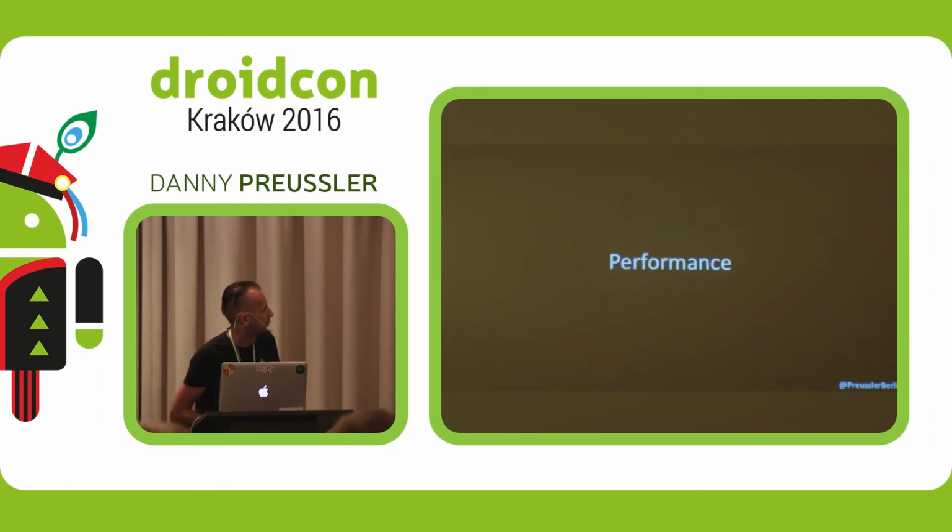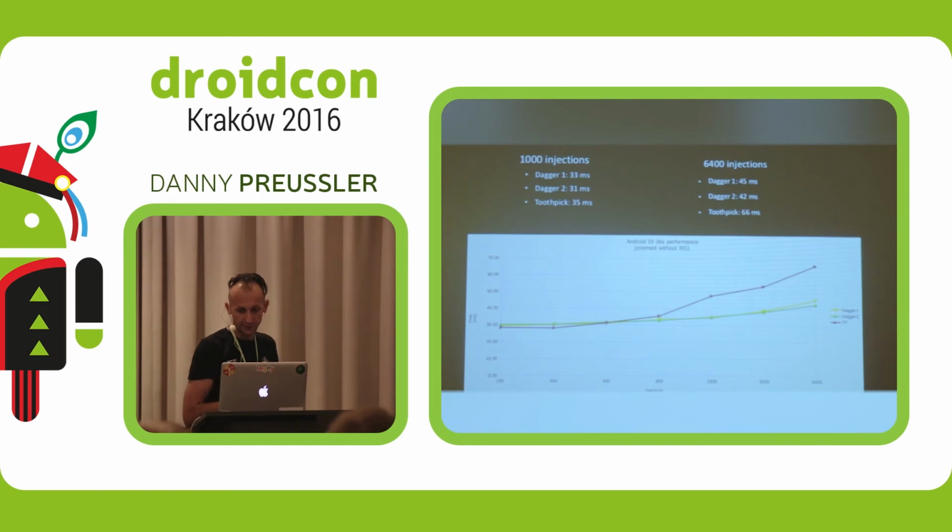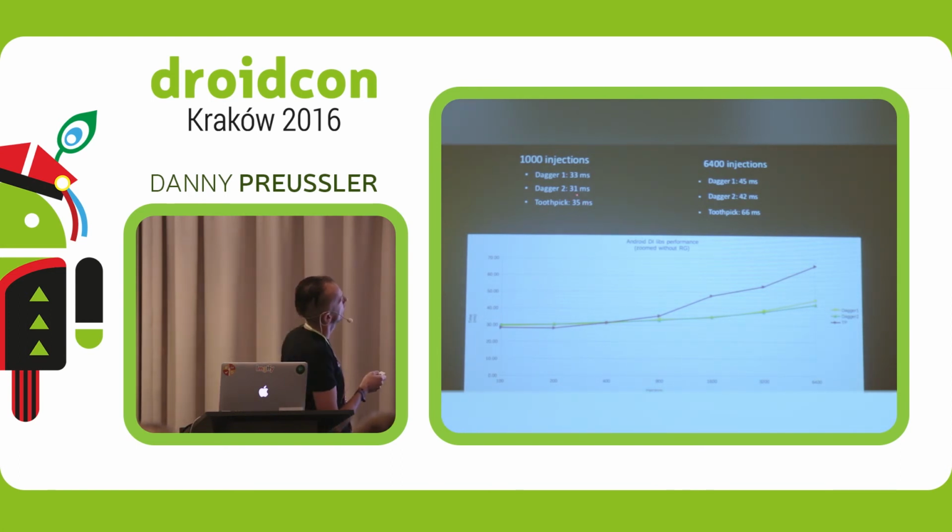But remember when we looked at Roboguice and then came Dagger, the big thing was the performance. So it's definitely a point we need to look at. The guys that wrote Toothpick, and I was not involved there, did some tests. When you have a certain number of injections, which is reasonable for a normal app, this would be the difference. Toothpick is sometimes faster than Dagger 1, sometimes a little bit slower than Dagger 1, but they're all in the same region.